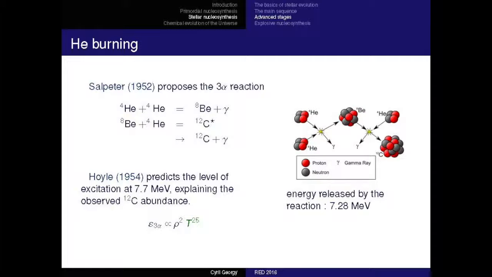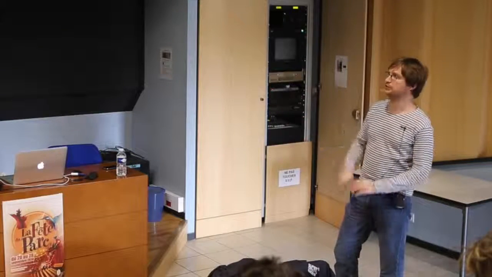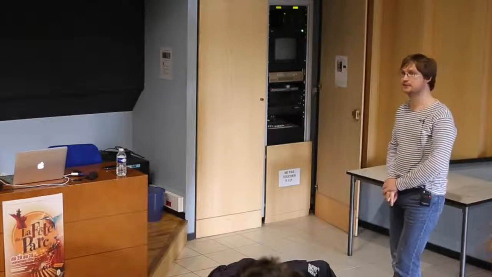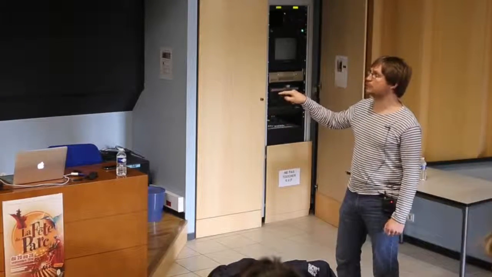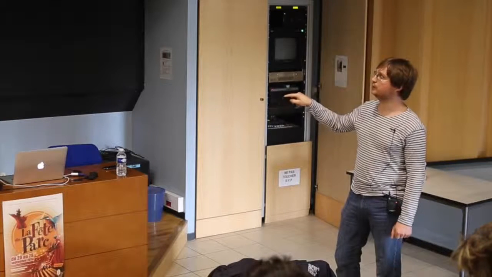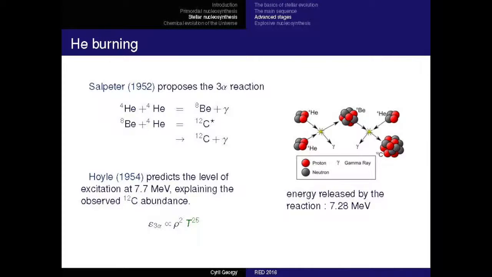And it is Hoyle in 1954 that predicts this level excitation at 7.7 MeV for the carbon, to explain the observed carbon-12 abundance in the universe. So this resonance here eases this reaction and allows the triple alpha reaction to take place in stars.